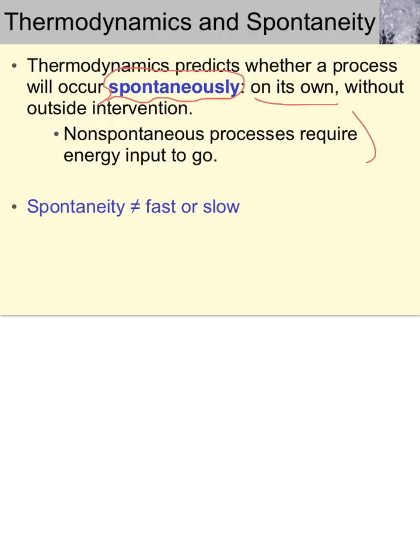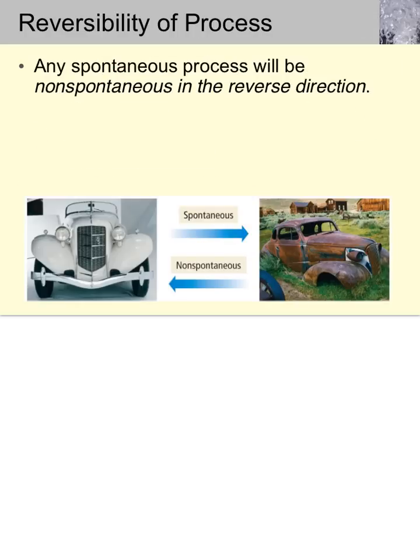Okay? Non-spontaneous processes can be made to go, but something or somebody needs to come in and give them a boot, more energy. I do want to emphasize at this point that spontaneity has absolutely nothing to do with the speed of a reaction. Something can be spontaneous and slow as heck, okay? For example, rust.